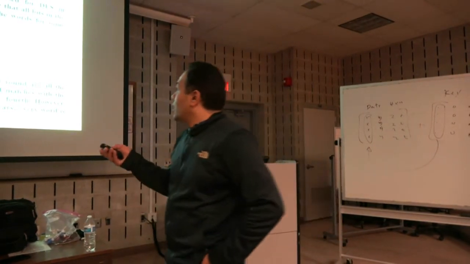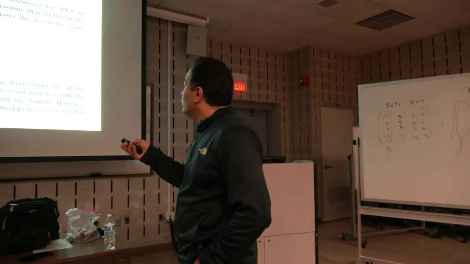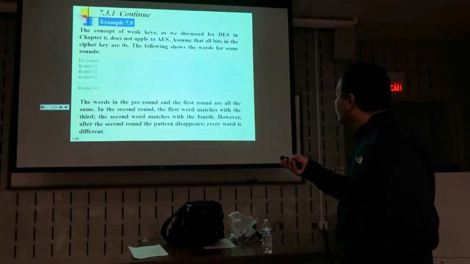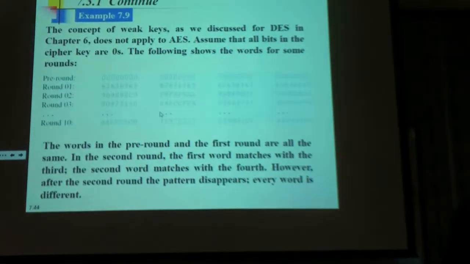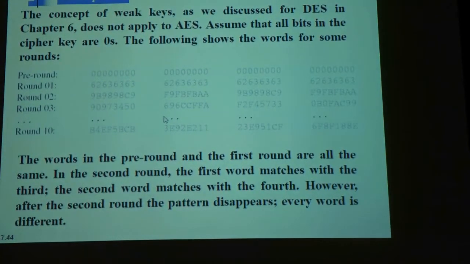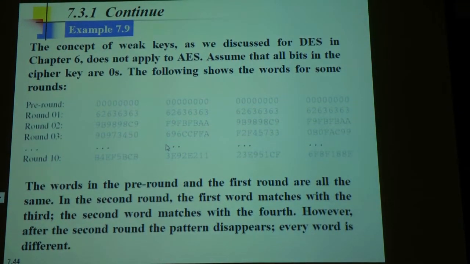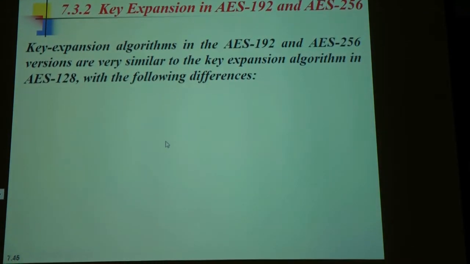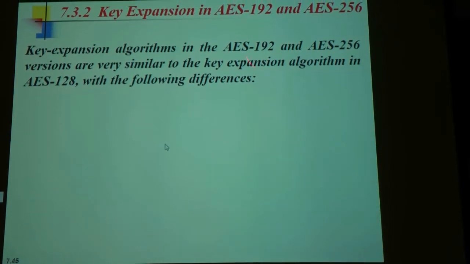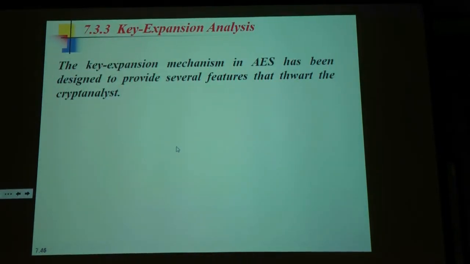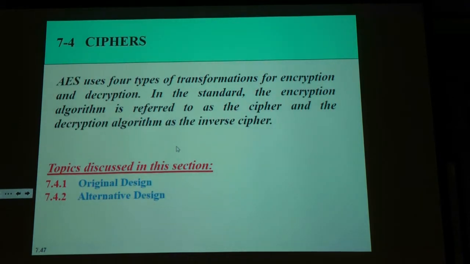So here, if you have all zeros, round 0 is changed, round 2 changes, and in round 10 it's completely changed. So it's not a weak key like it is in the other one. We could have a key expansion in 92 and 96. I'll keep it for you to figure out.